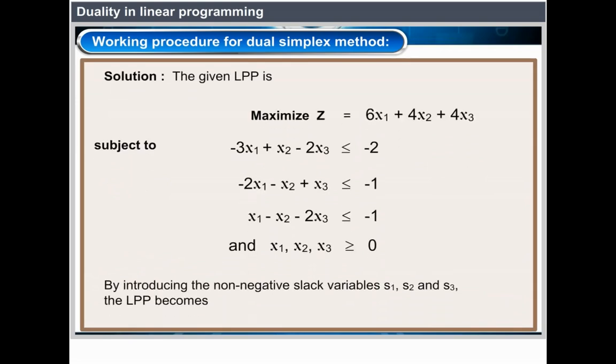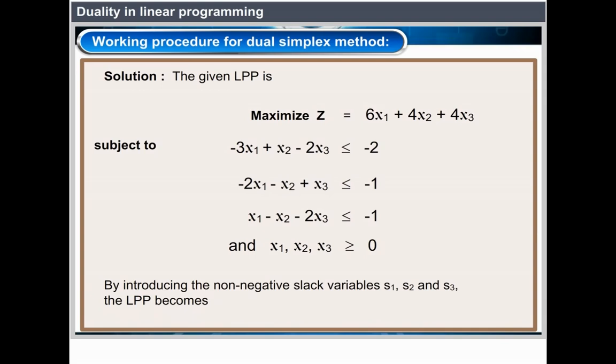Solution. The given LPP is maximize z equal to 6x1 plus 4x2 plus 4x3 subject to minus 3x1 minus x2 minus 2x3 less than or equal to minus 2, minus 2x1 minus x2 plus x3 less than or equal to minus 1, x1 minus x2 minus 2x3 less than or equal to minus 1, and x1, x2, x3 greater than or equal to 0.